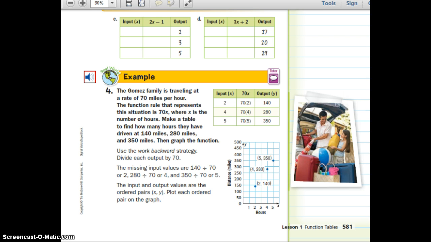And again, it was easy going back the other way because these are all multiples of 7. Now, because this function, 70x, the x is to the first power, we know that this is going to be linear. I'm going to erase that and rewrite this. It's going to be linear, L-I-N-E-A-R, linear or a line.